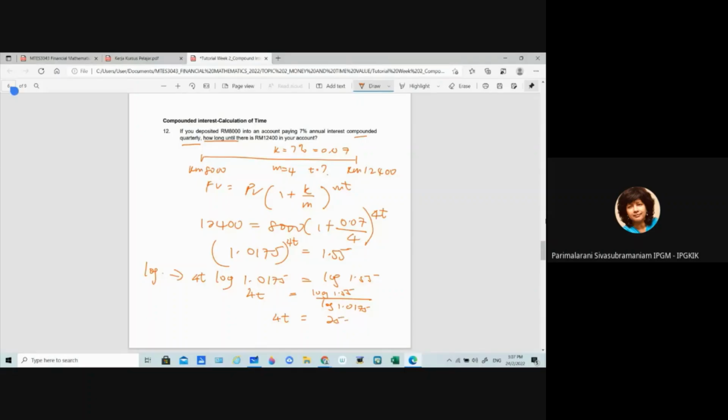So 4t is log 1.55 over log 1.0175. You can do this straight away in the calculator. So 4t is equal to 25.26163279. Therefore, t is 6.32 years.